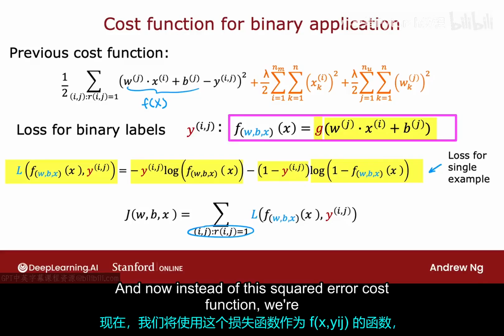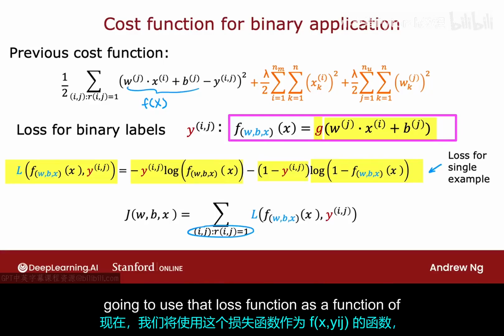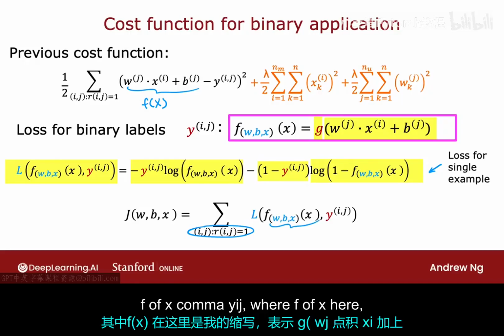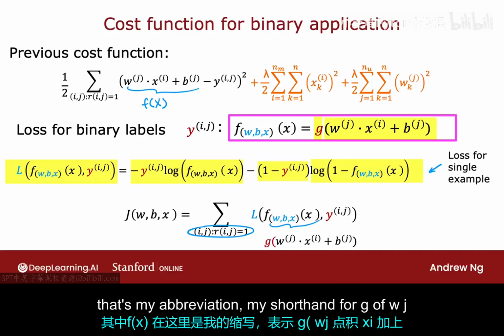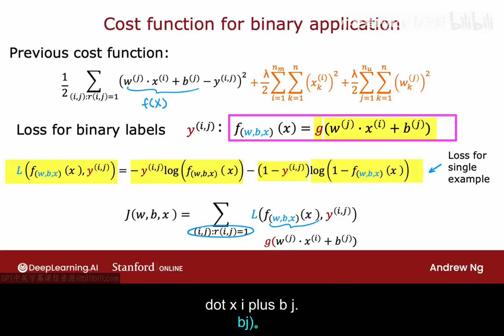And now instead of this squared error cost function, we're going to use that loss function as a function of f of x, comma, yij, where f of x here, that's my abbreviation, my shorthand for g of wj dot xi plus bj.